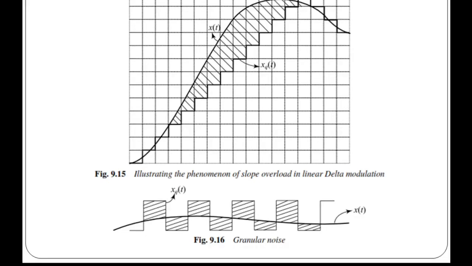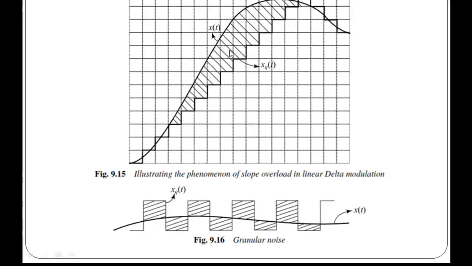The step size delta becomes too small for the staircase signal to follow the steep segment. Hence there is a large error between the staircase approximated signal and the original input signal x(t). This kind of error is called slope overload distortion, and the corresponding noise is called slope overload noise.